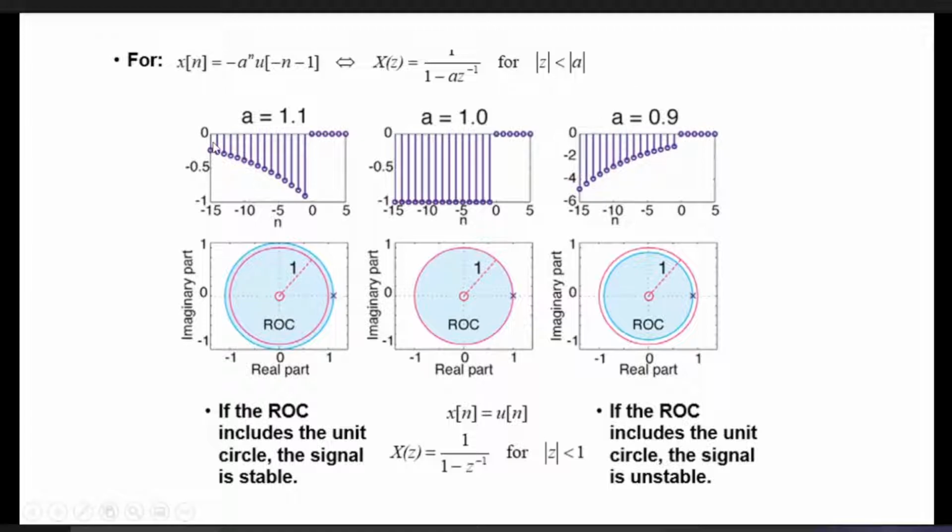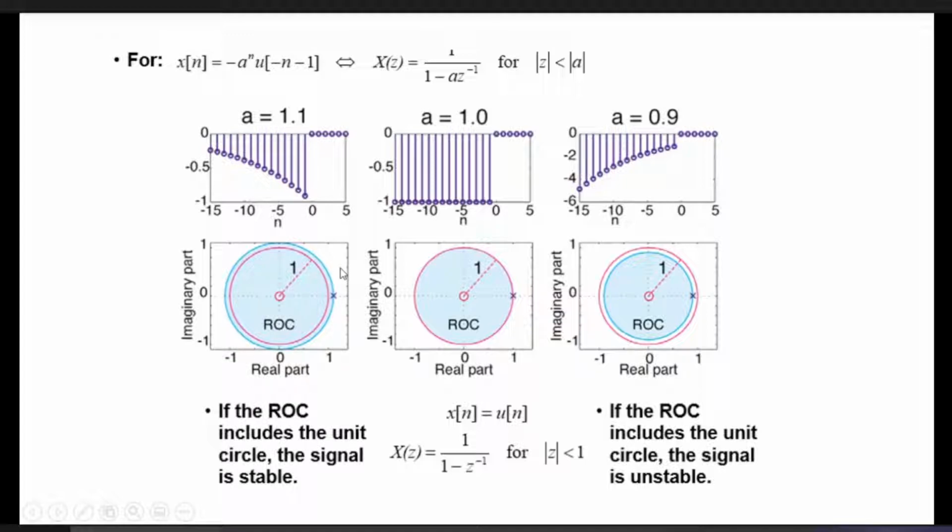Now in this case, if you plot A equal to 1.1, very carefully you see that this blue circle is the circle of radius 1.1.